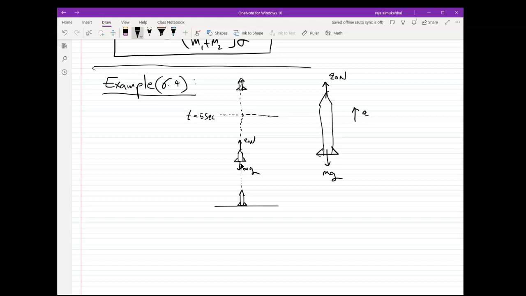The first height is while the thrust is going for 5 seconds, this height, I'm going to call it y1. And then here in free fall, I'm going to call it y2. So here we have to solve two problems. Okay, so let's begin with while the thrust is going right here.